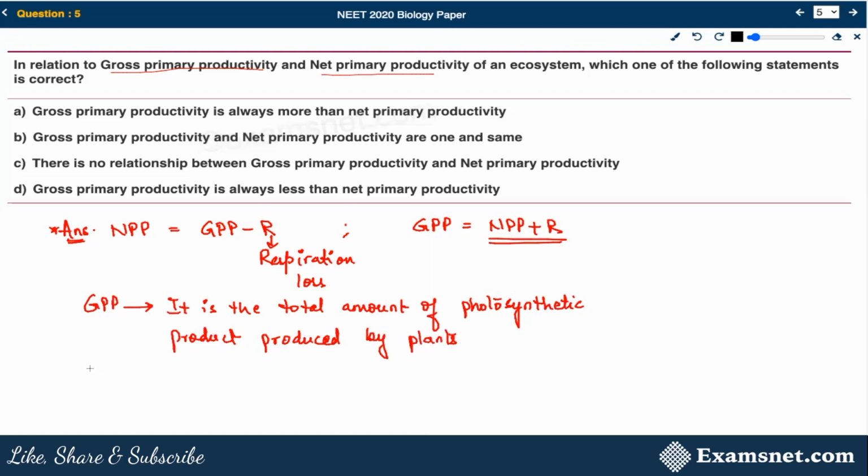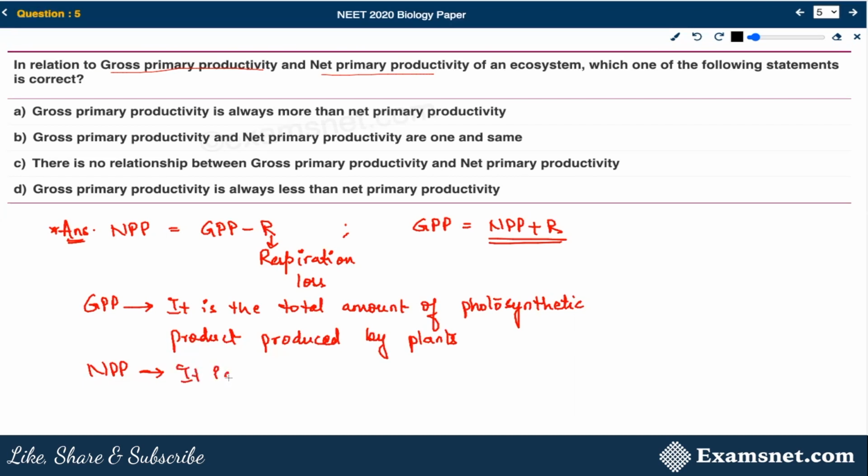Now NPP is the net productivity that is available for consumption by the consumers, that is being assimilated or can be transferred to the next trophic level.